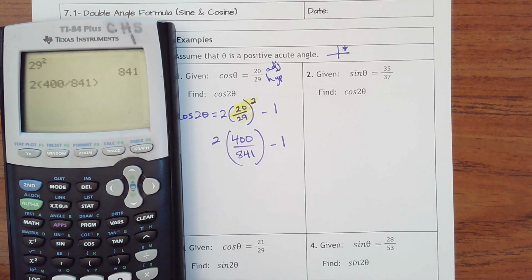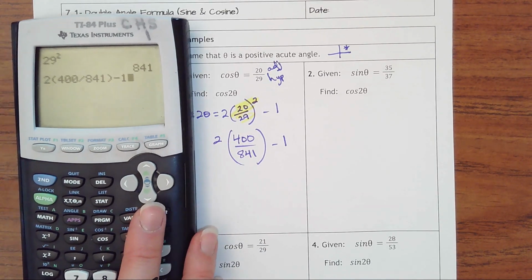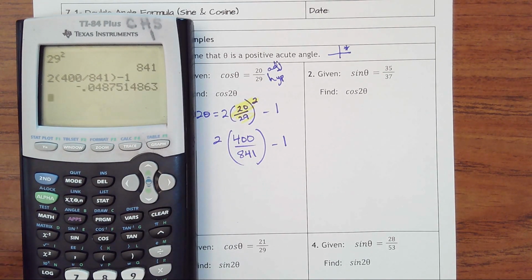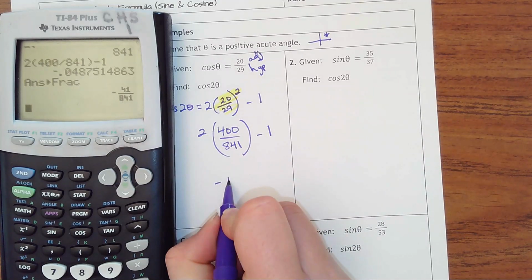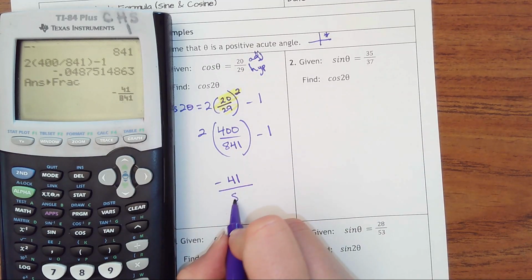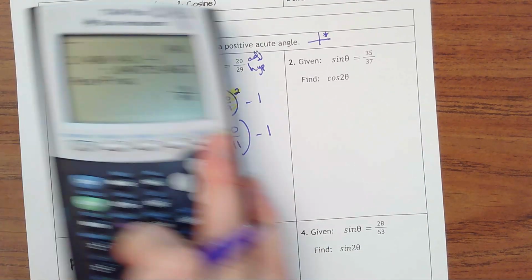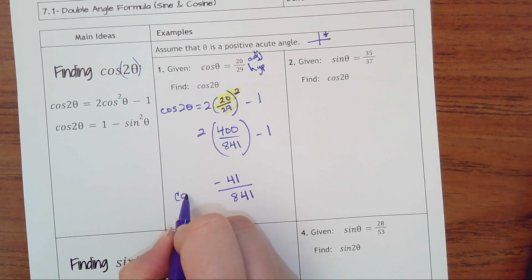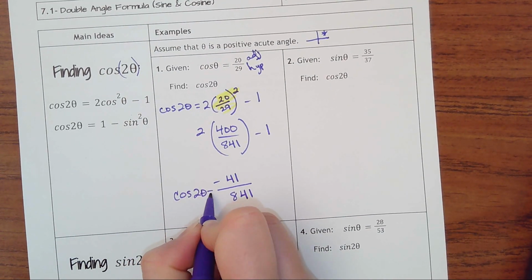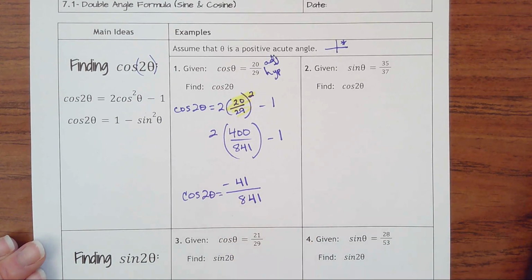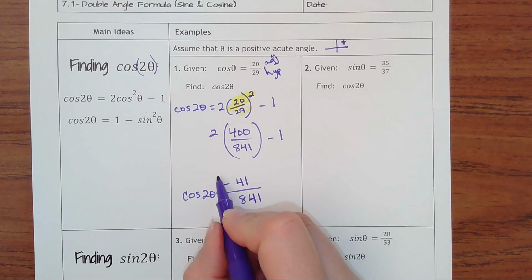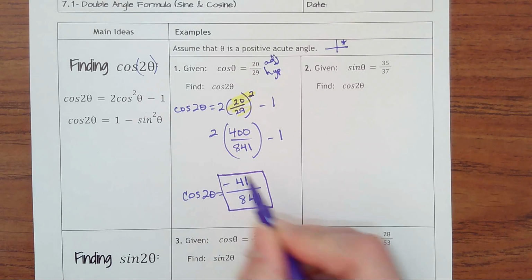I'm just going to put it all on my calculator like that, and then go math, enter, enter, and you get negative 41 over 841. Just because we said the angle is positive in quadrant 1 doesn't mean we can't get a ratio that is negative. And that's your final answer, just this fraction.